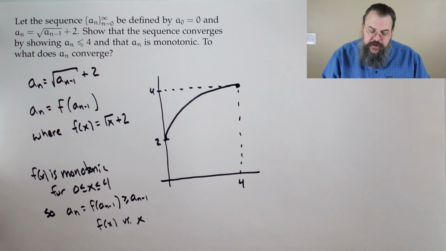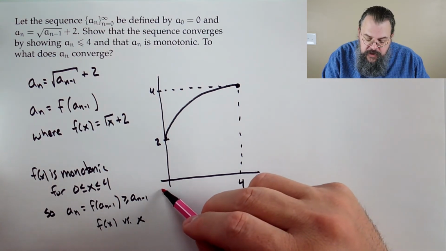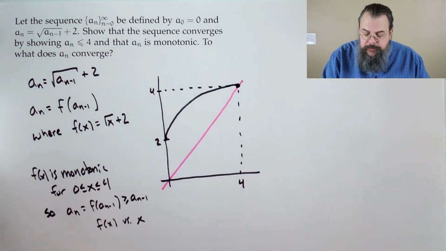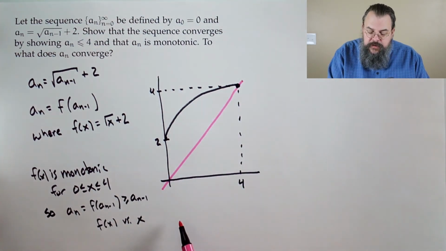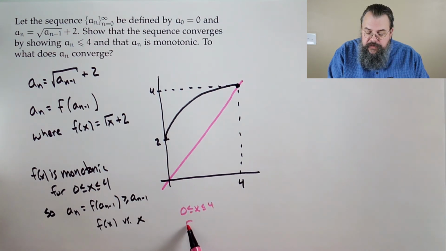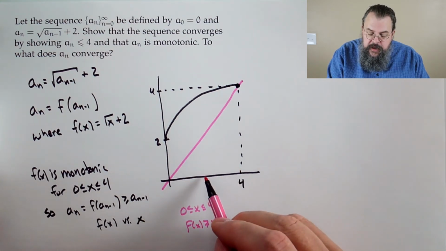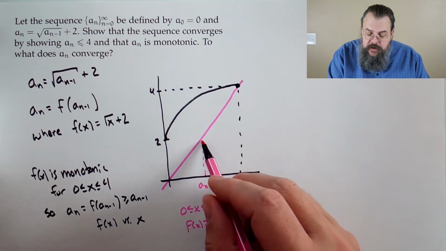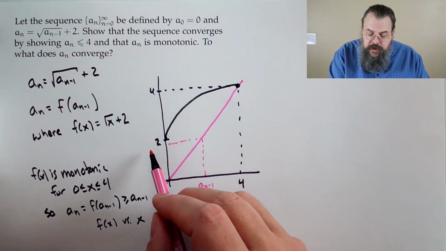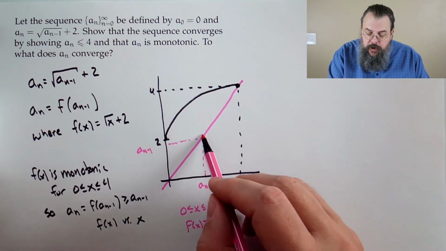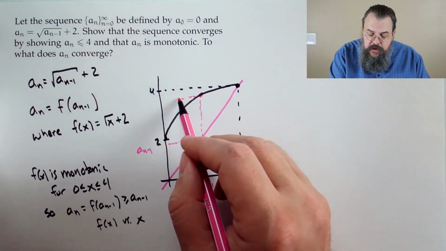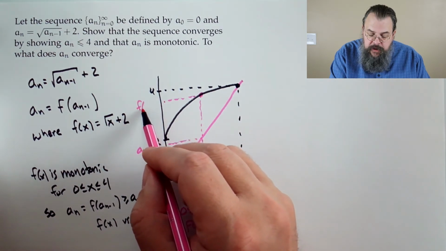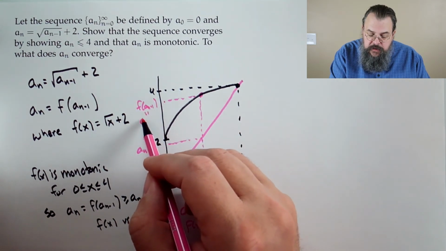Well, the answer is it is right there. Since we see for 0 less than or equal to x less than or equal to 4 that f of x is above x, if I look at some point, I'll call this a sub n minus 1, then that value here would be a sub n minus 1, while this value up here would be f of a sub n minus 1, which is also equal to a sub n.